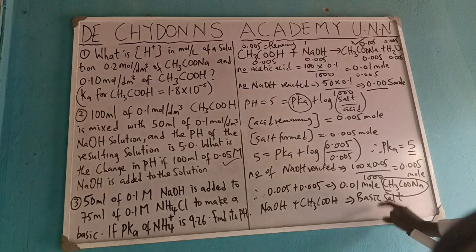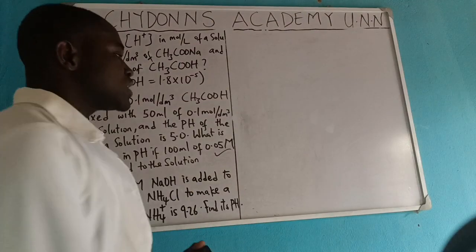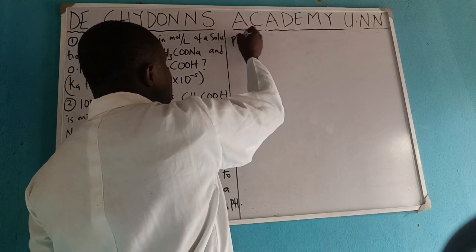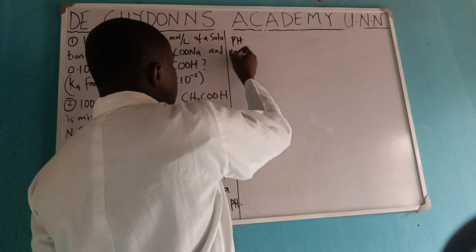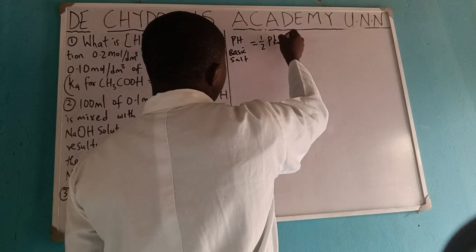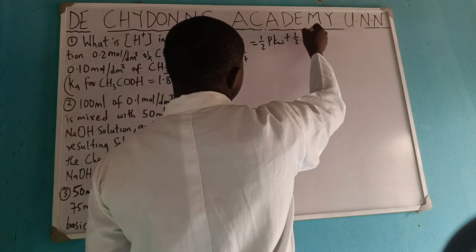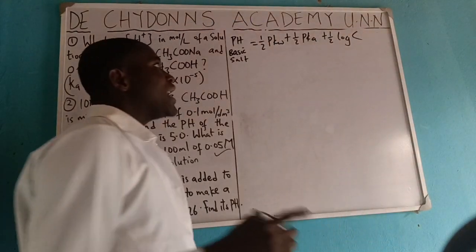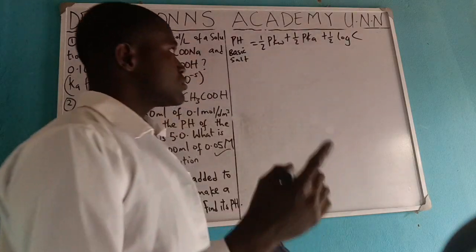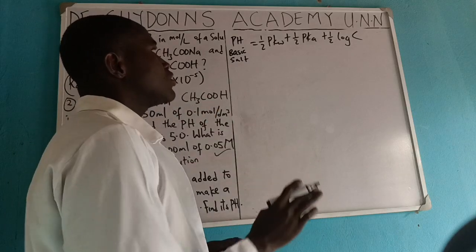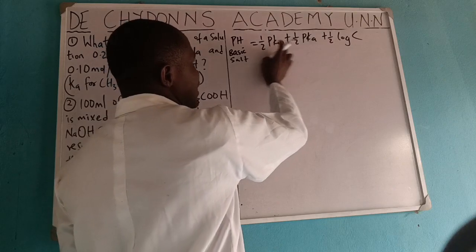That means we will be going for now pH of a what? A basic salt. So since we have gotten the final thing to be a basic salt, we say pH of a basic salt is equals to half pKw plus half pKa plus half log C. There is need for you to check our class on ionic and chemical equilibrium still on Chidons Daniel YouTube channel, so that you will see how we derive this formula.